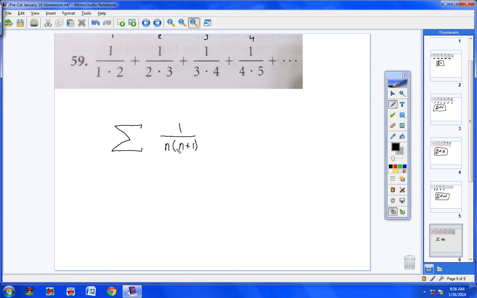And that should work. Put a 1 in and you'll get 1/2. Put a 2 in and you'll get 1/6. Put a 3 in and you'll get 1/12, etc., etc. So there we go. Now your n starts with term 1, and it goes all the way to infinity.